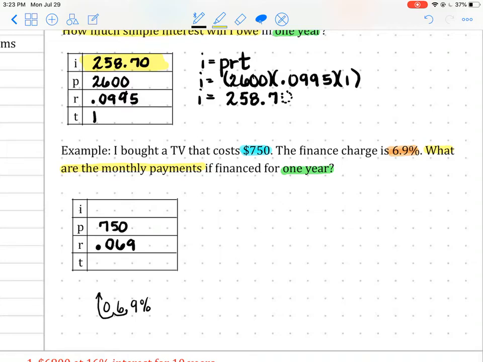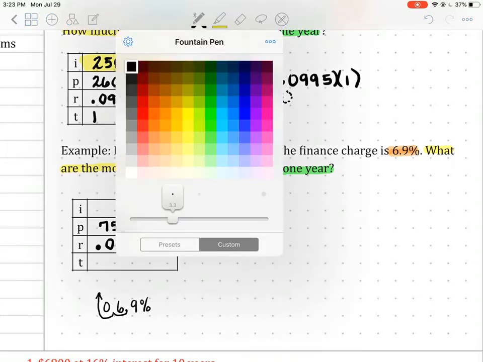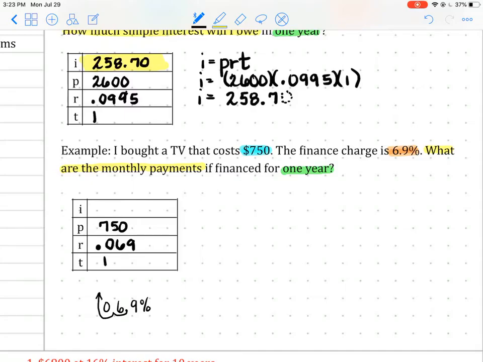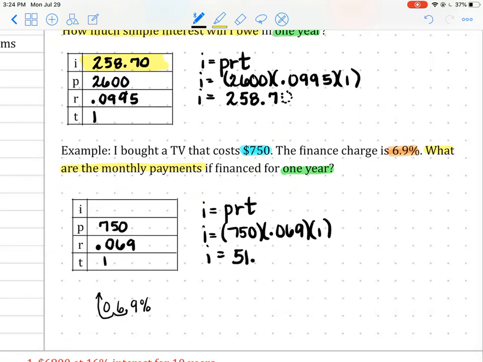Okay, monthly payments financed for 1 year. So time is 1 year. So interest equals PRT. Interest equals 750 times 0.069 times 1. So 750 times 0.069 times 1 is 51.75.